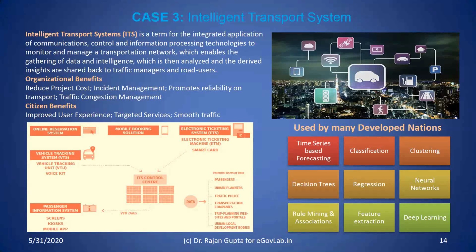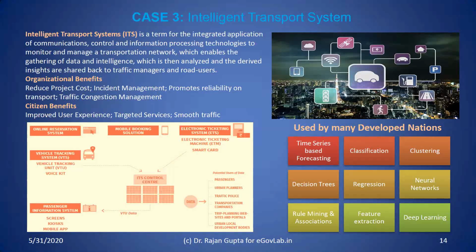And with respect to the data sets that are being collected for this intelligent transportation system, we have various techniques under data science that are used, like time series based forecasting, which is a common technique used by a lot of applications. It is one of the most important areas that anyone can study, along with classification and clustering, with techniques like decision trees and regressions.